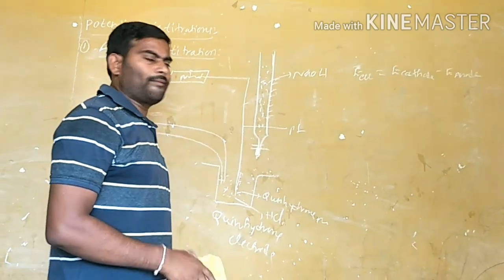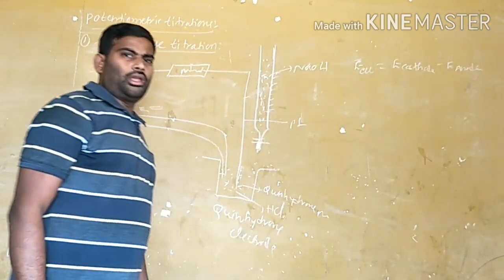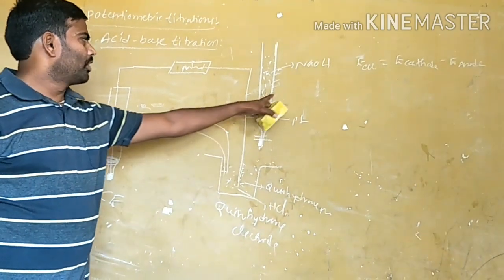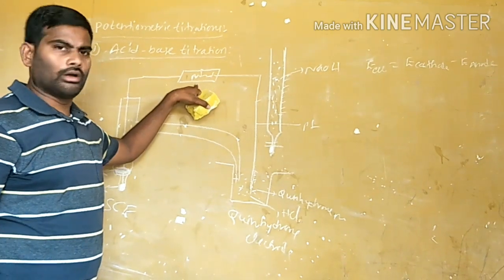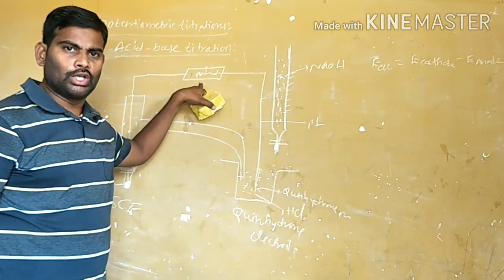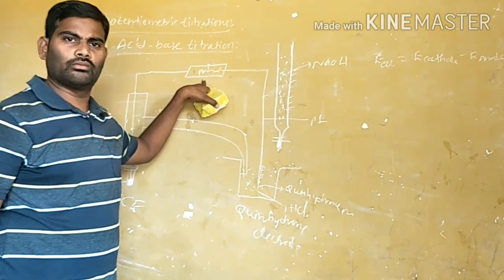And before the addition of this base to the acid, in the potentiometer we get some potential value, that is E cell.